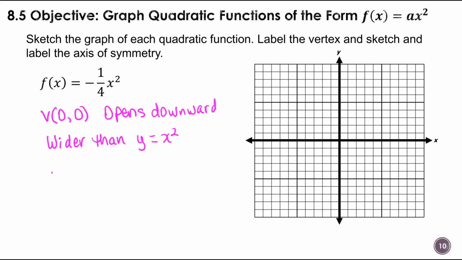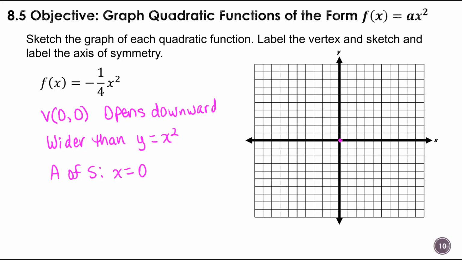And our axis of symmetry is at x equals 0 again. Okay, so let's look at this one. Now, on this one, I'm going to use some different points for graphing purposes, and I think you'll understand why once I show you this.